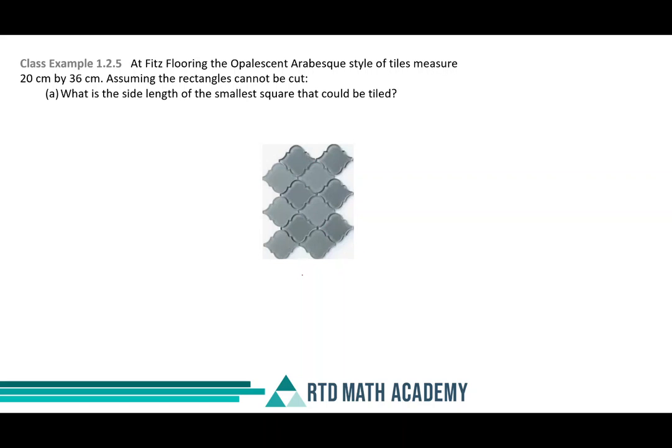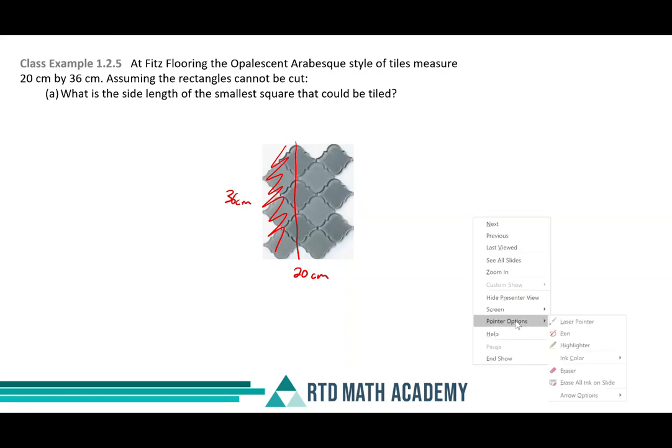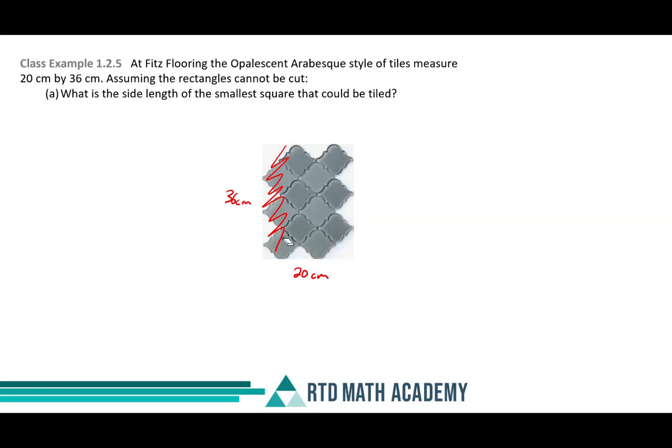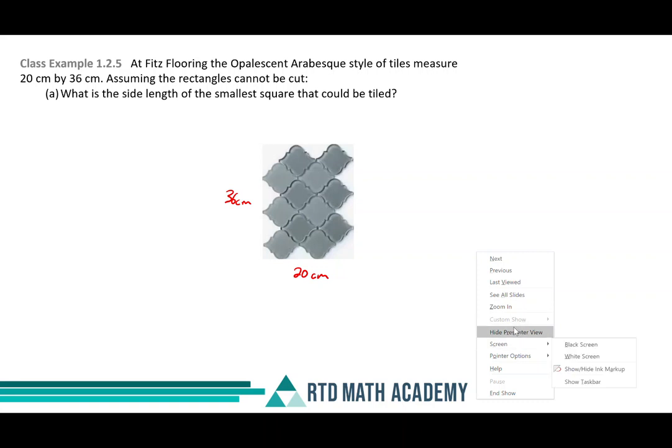But I can see I've got a nice rectangle here that's measuring 20 centimeters by 36 centimeters. So this is the nice rectangle that I could purchase at the store. I'm not wanting to cut these things, so I'm only going to keep the actual nice rectangles I have themselves and see if I can actually get a nice square. And what is that smallest square that I can tile?